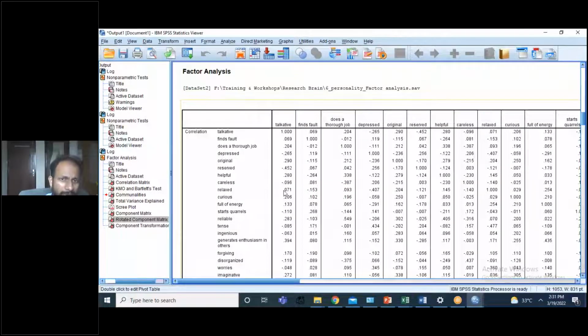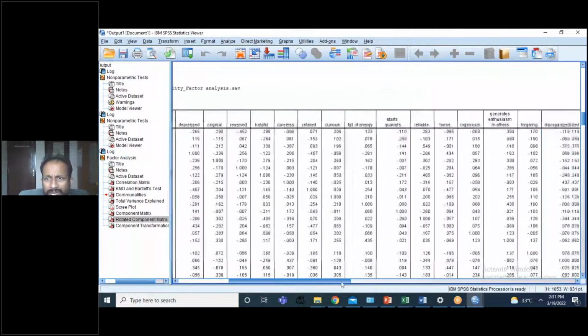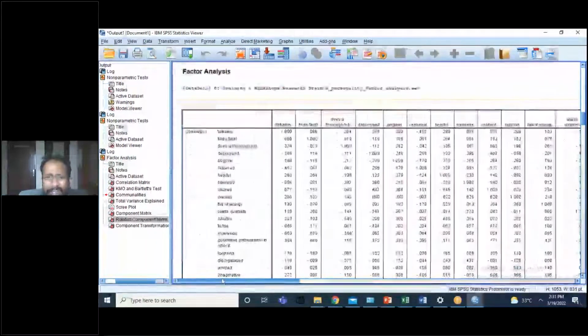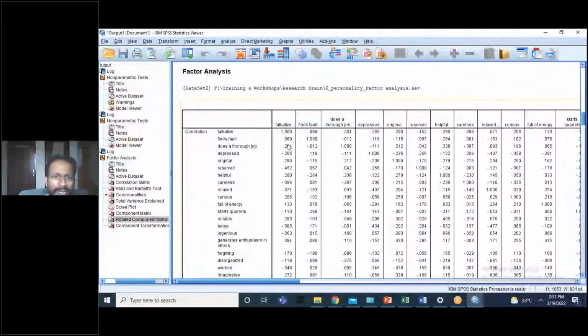Now in this correlation matrix, if you bring it towards the right hand side, you can see which variables are highly correlated and whether it is significant or not. For example, find a fault is minus 0.12, not highly correlated. This one is slightly correlated. Anything above 0.7 is actually good.